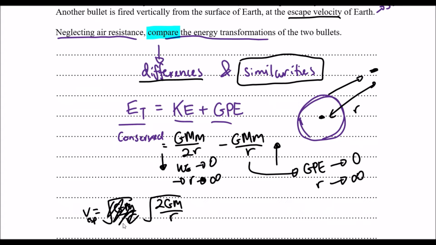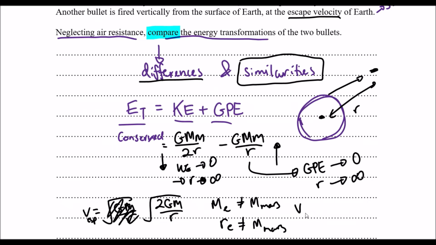Obviously there will be a different escape velocity for the bullet on the Earth and Mars, because the mass of the Earth, or the radius of the Earth, is different to the mass or the radius of Mars. So the mass of Earth is not equal to the mass of Mars, nor is its radius.